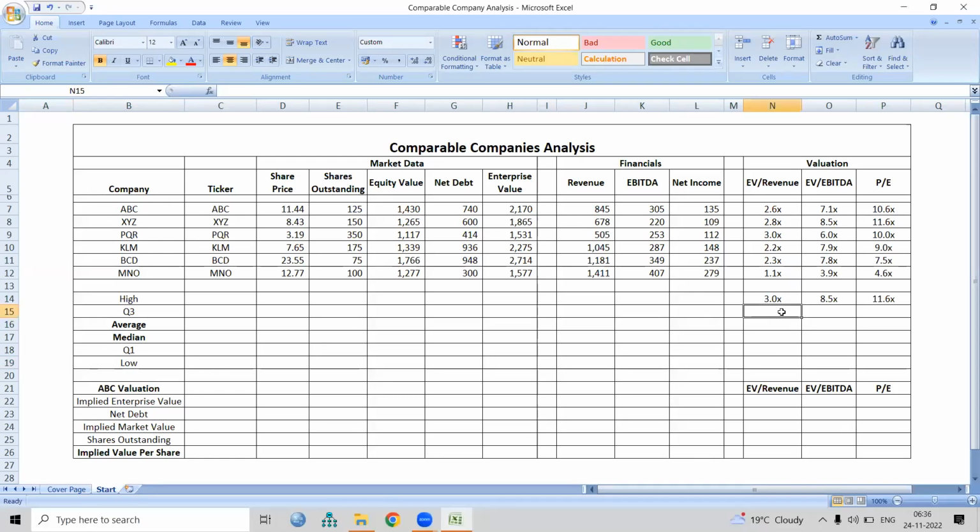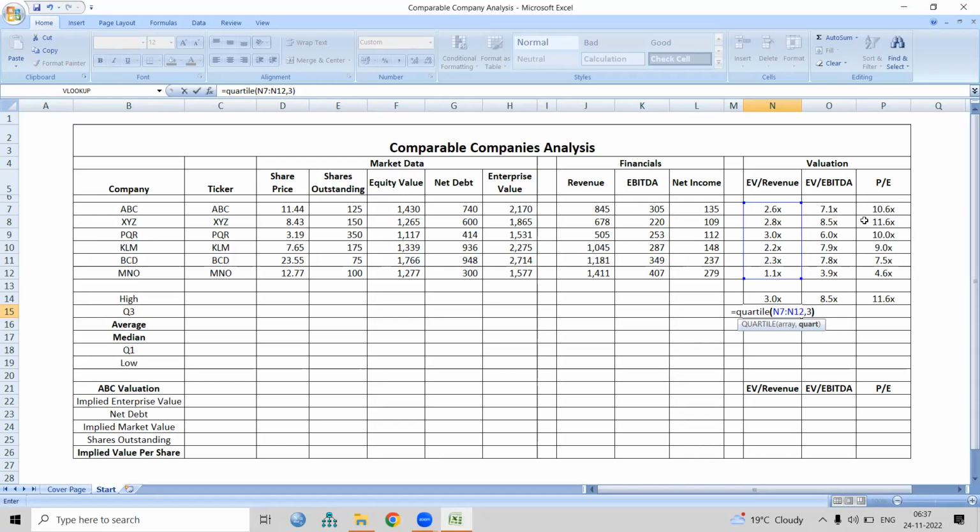This is the equation: equals QUARTILE, open the parenthesis. Let's select the array, that is the reference cells N7 to N12. Quartile 3 stands for the 75th term.